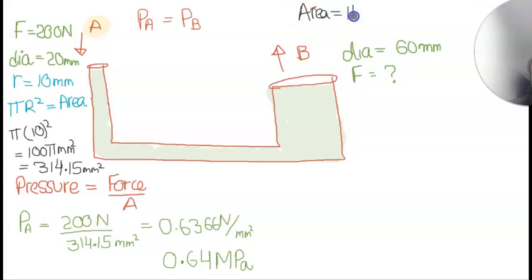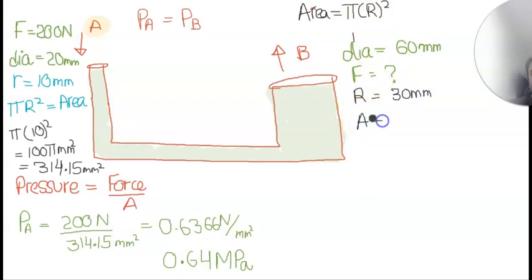Area is going to be pi r square. I do not have the value for r, so r is going to be half of that one. It's 60, so r is 30 millimeter. I will use this formula to find the value of the area.